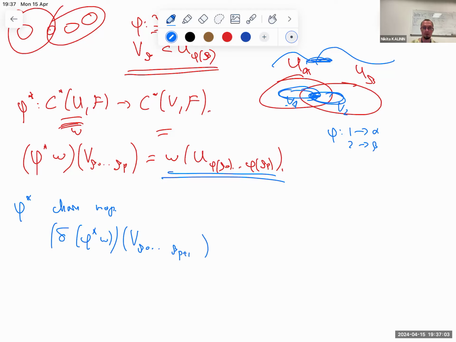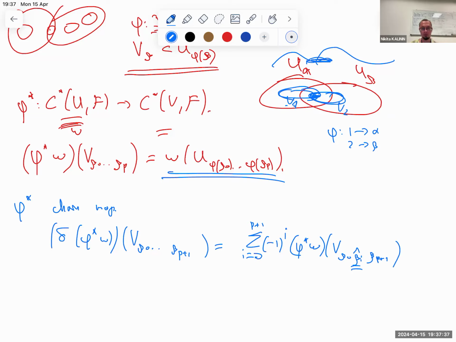And we want to see how it was defined. It was defined as the sum of -1 to the power i, phi omega defined on the inclusions. So here we have beta 0, ..., beta p plus 1, and here beta i is omitted, with i from 0 to p plus 1. So that's how it was defined.